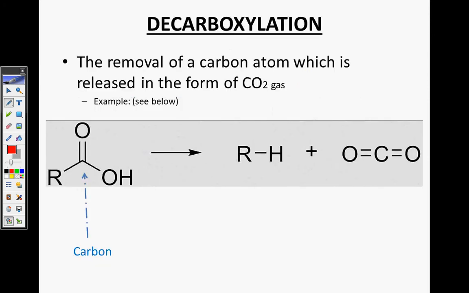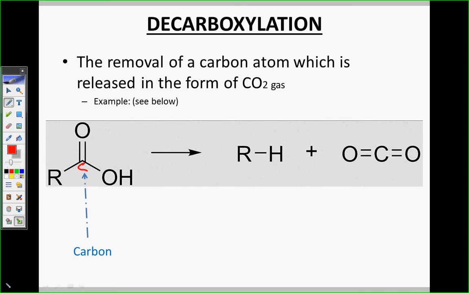Okay. All right, decarboxylation: the removal of a carbon atom which is released in the form of carbon dioxide. So remember, when we look at these pictures, that this here is a carbon. What would this be? Carboxyl.